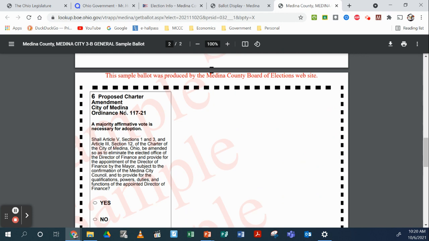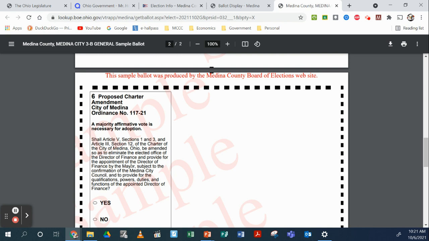Oh, City of Medina ordinance. I don't know what that one is. Have you guys heard about this ordinance? To eliminate the elected office of the Director of Finance and provide for the appointment of the Director of Finance by the mayor. So they don't want you guys to be able to vote for that person anymore.